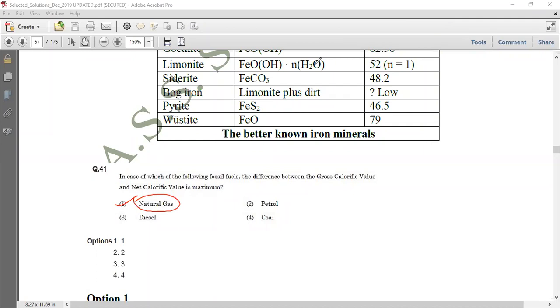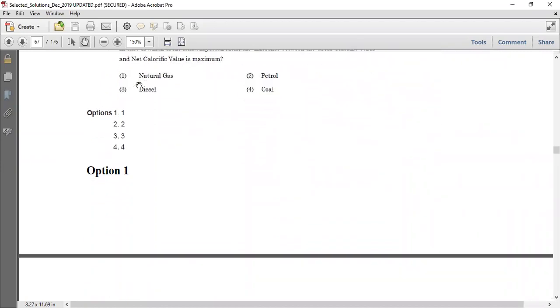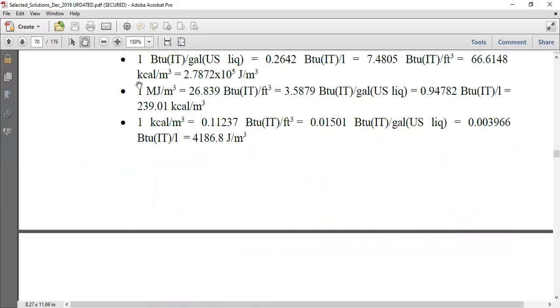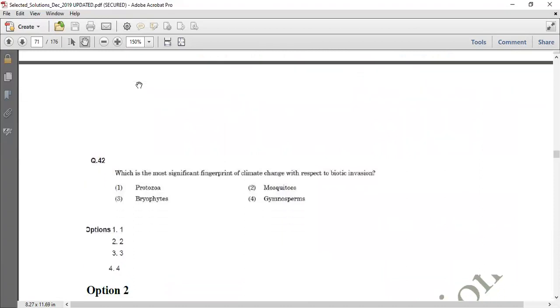Okay. Now let's move to question number 42. Okay. So it's a very good question, and it's based on the climate change and evolution correlation.